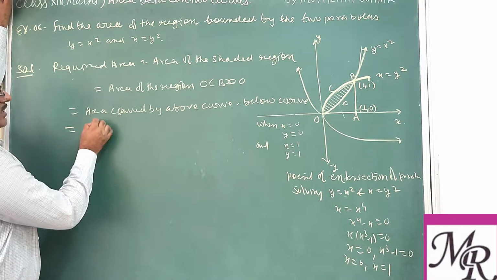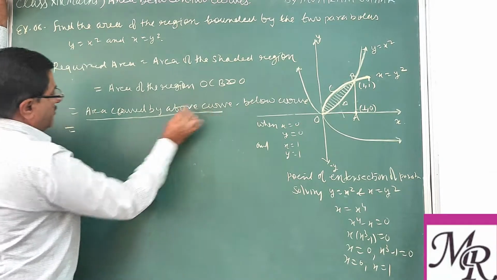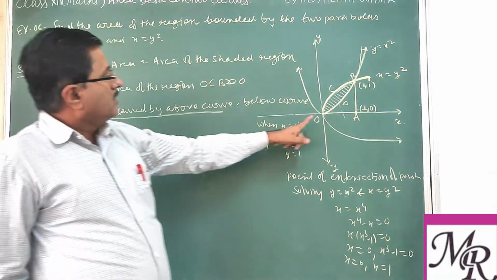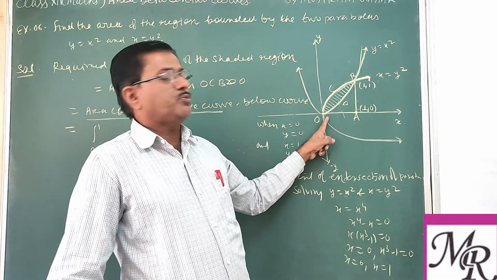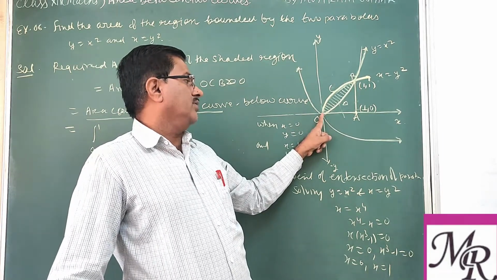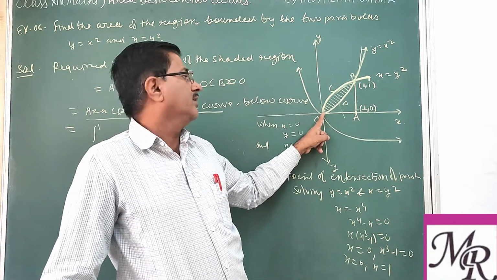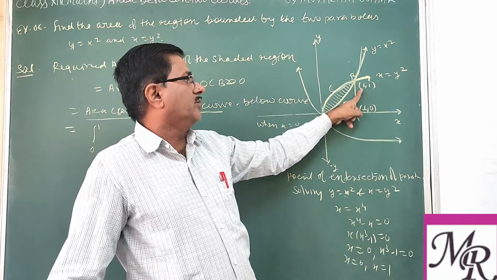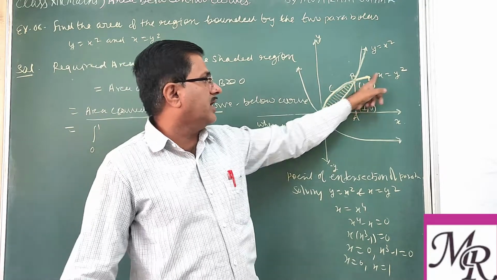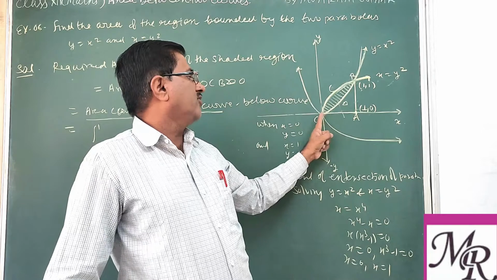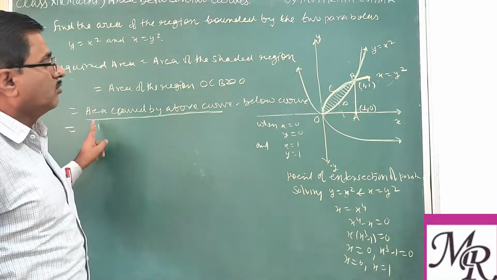So what do we write now? Area covered by the upper. The limit is 0 to 1. See here, this parabola covers area on the x-axis starting from the origin and up to the point 1. After that, there is no shaded portion. That's why we take the limit for the first as 0 to 1.